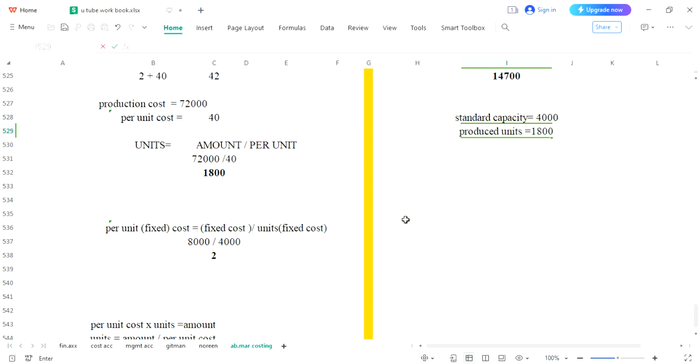So finally we decide whether there was any production which is under or over applied.